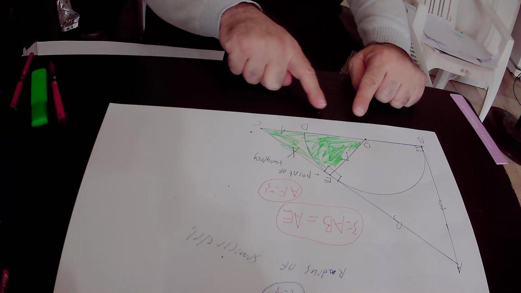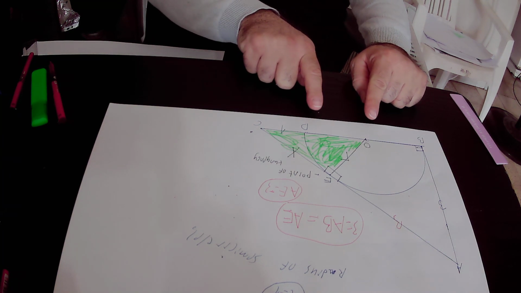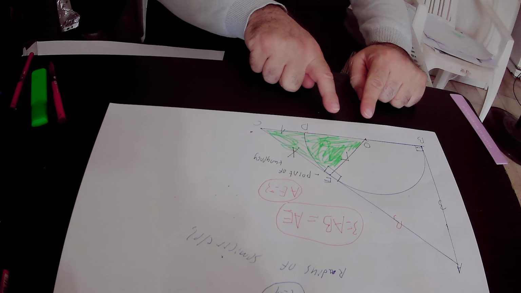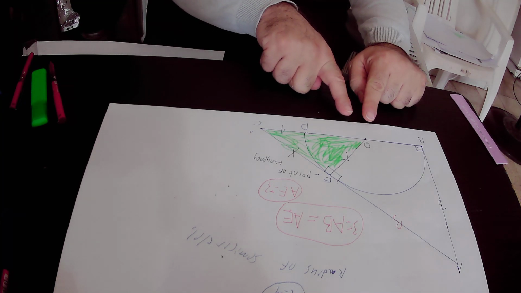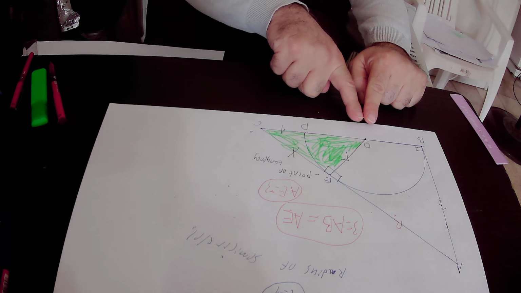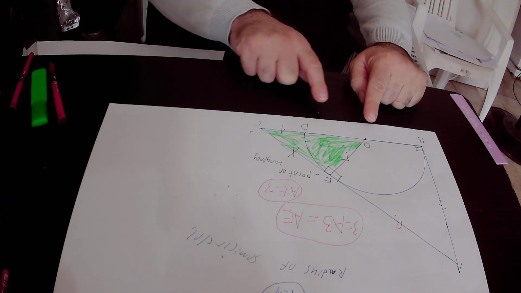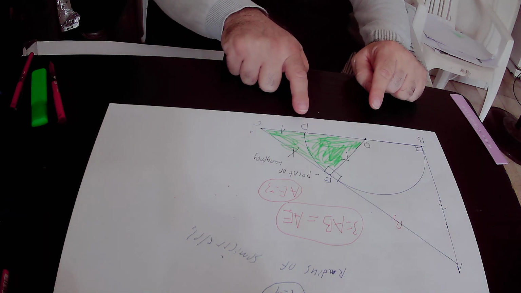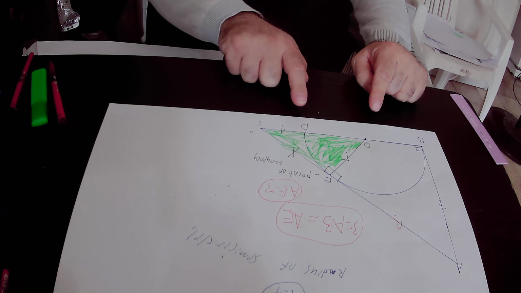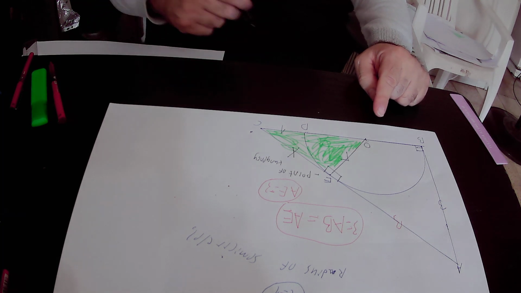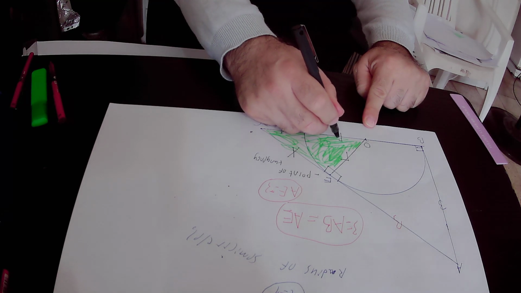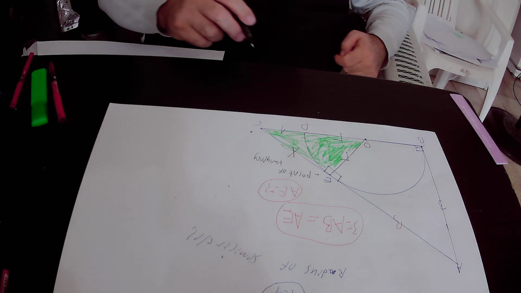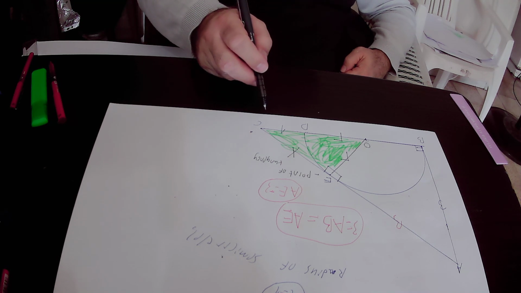First of all, what is OD? OD is the radius of the semicircle because line segment OD starts from the center of the semicircle, that is from point O, and ends at point D, which is a point on the semicircle itself. Therefore, OD is the radius of this semicircle, so I will call it R. And we also know that DC equals 1.